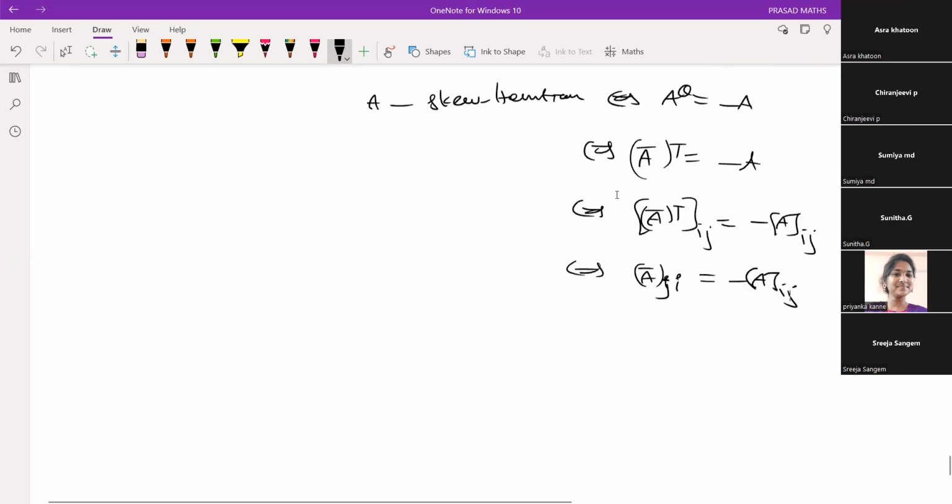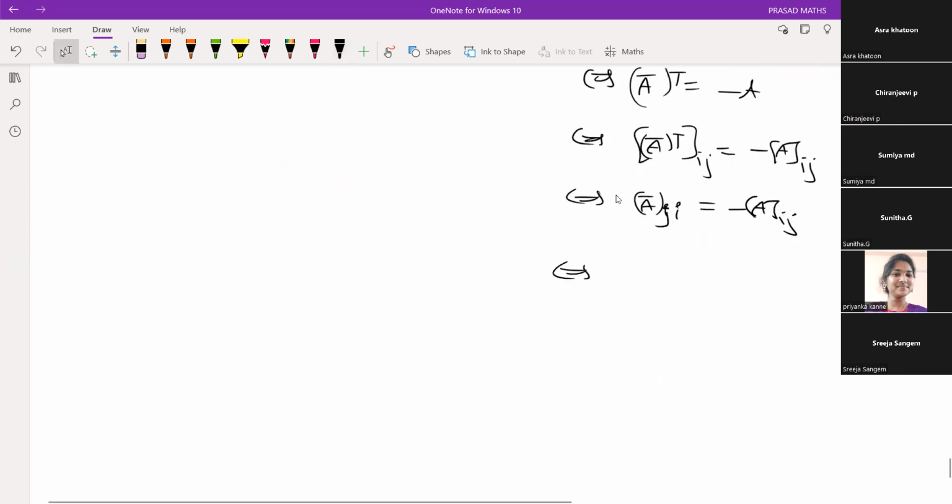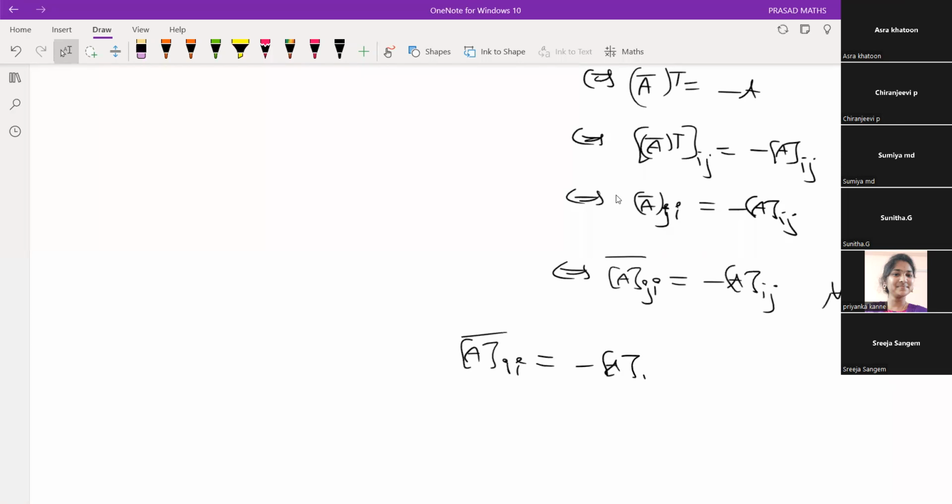That is, the ijth entry is the conjugate of the jith entry, with a minus sign. This is true for every i, j. So in particular, what about the diagonal entries? The diagonal entries satisfy this condition for every i.